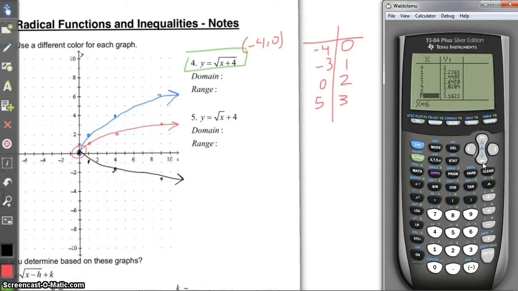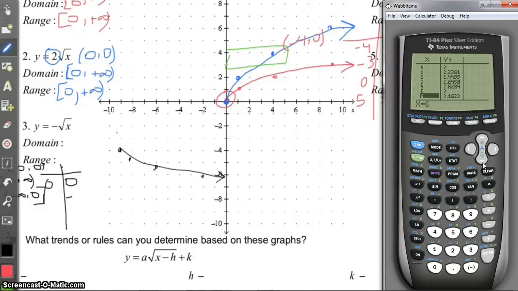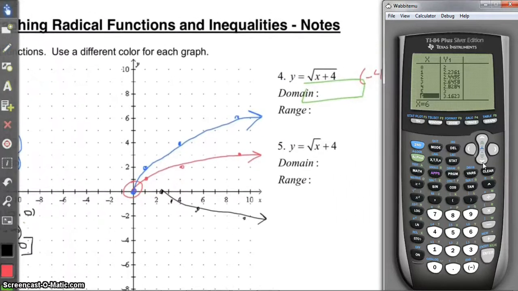So negative 4, 0, that's going to be my point, negative 3, 1, and 0, 2.